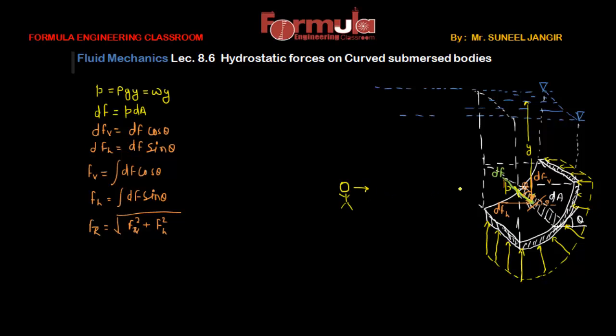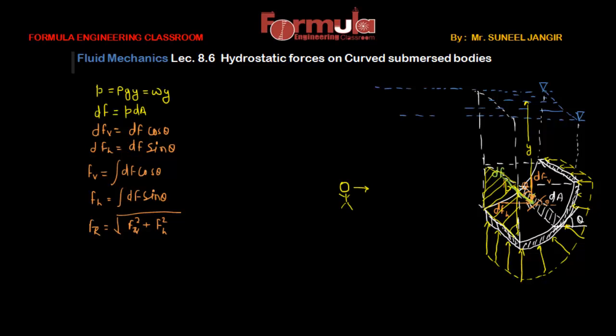In that case the projected area of this curved surface will be this rectangle here. This is the projected area of this curved surface. We can calculate the hydrostatic force on this projected area as from our previous information.